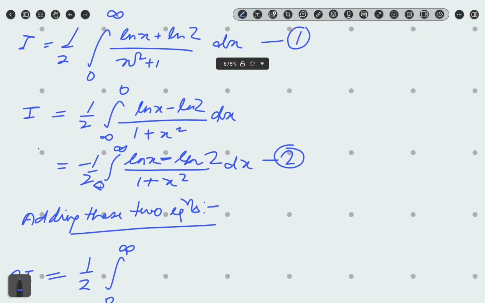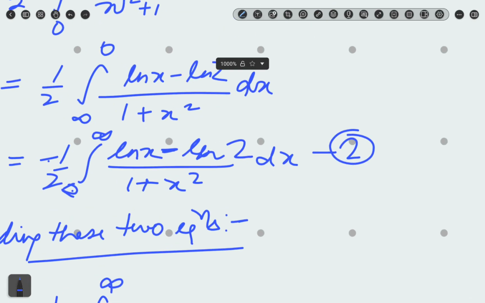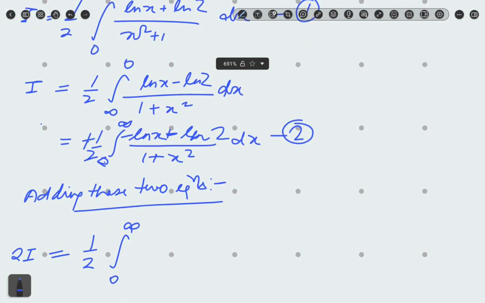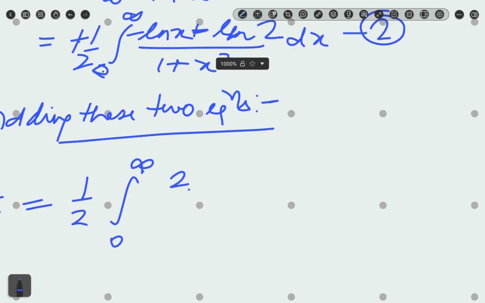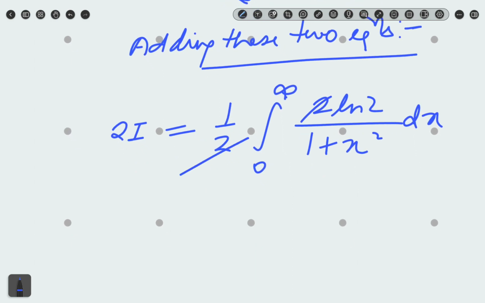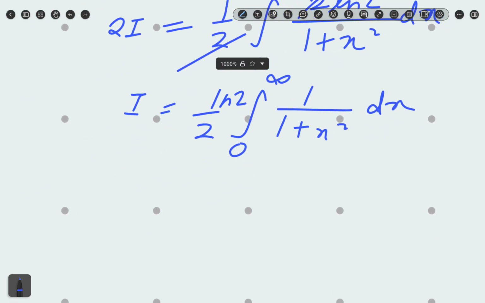Now as we can see, this minus turns this negative, this positive, and when we add, this ln x gets cancelled, and we get 2 times ln 2, and this is our 2. This 2 and 2 cancel, I becomes half of the integral of ln 2 over this, right.